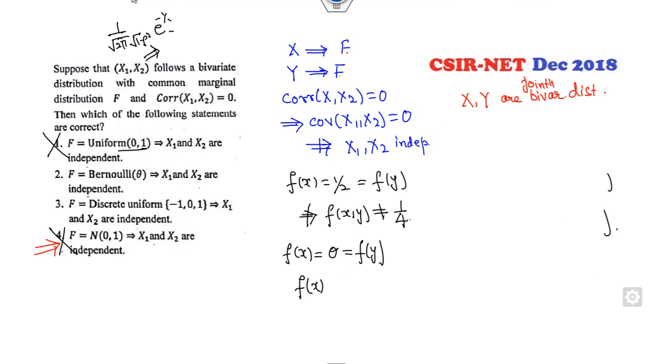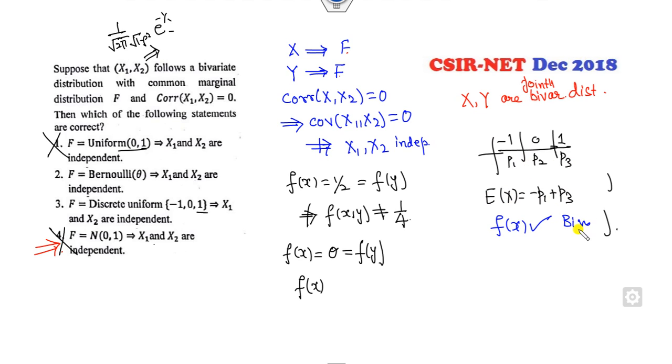Now look at the third. If X and Y are the discrete distribution, minus 1, 0, 1, and say these are P1, P2 and P3. What is the mean of this? It is minus P1 plus P3. Now clearly that's again true. F of X can be any discrete distribution. It may be binomial.